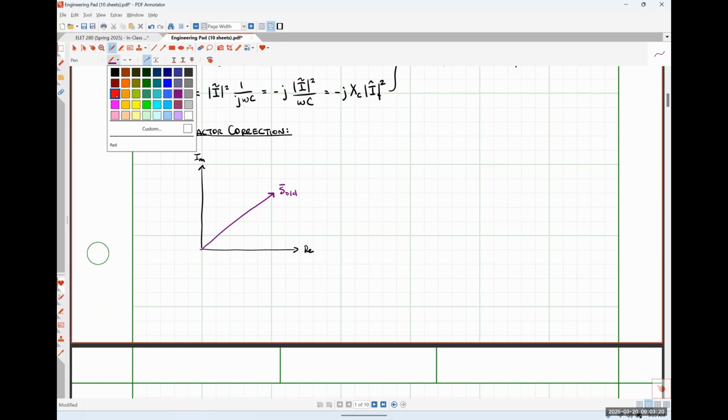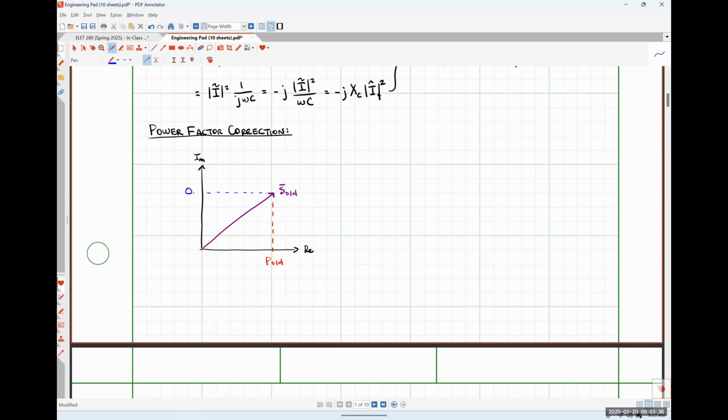So that means that the projection of S old onto the real axis would be P old, the projection of S old onto the imaginary axis would be Q old, and the angle formed between the positive real axis and our S old complex power vector would be theta old. Okay.